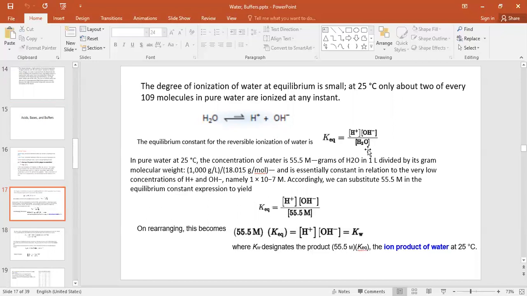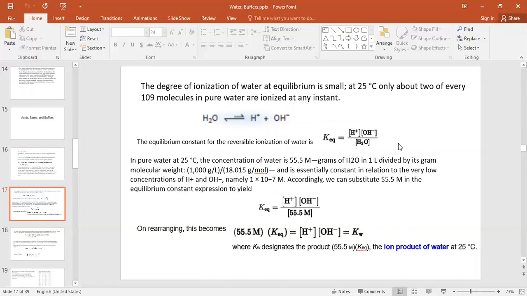This square bracket means molar concentration. So we know that the molar concentration of water is 55.5 moles. And this is essentially constant in relation to the very low concentration of hydrogen and OH ions.